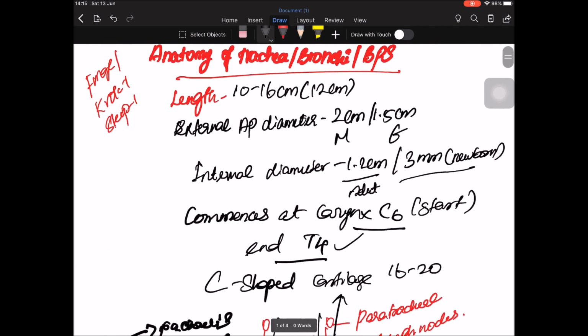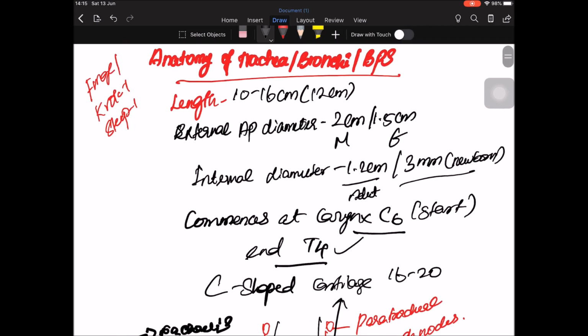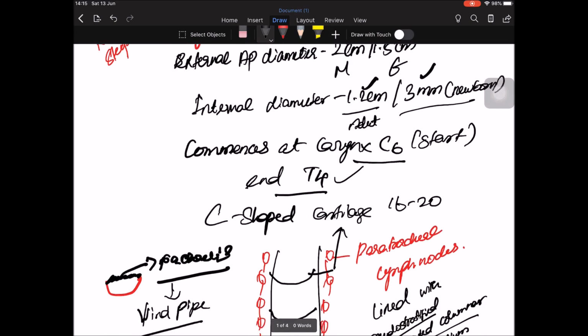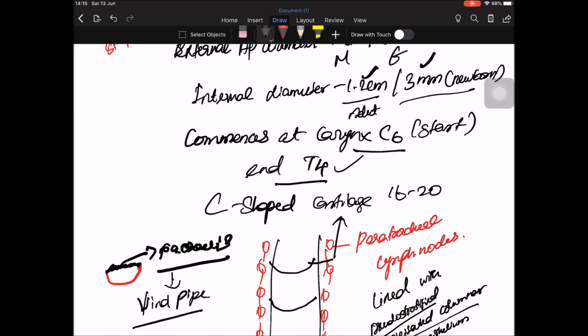So the important points you have to know: the length is 10 to 16 centimeters, approximately 12 centimeters. External anteroposterior diameter is 2 centimeters in male, 1.5 centimeters in female. Internal diameter is 1.2 centimeters in adult, 3 mm in newborn. It starts at the larynx at C6 and ends at T4.